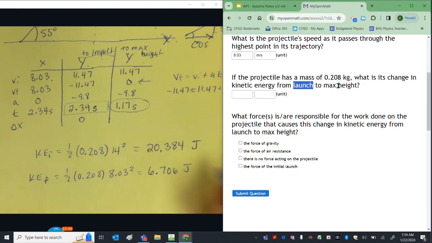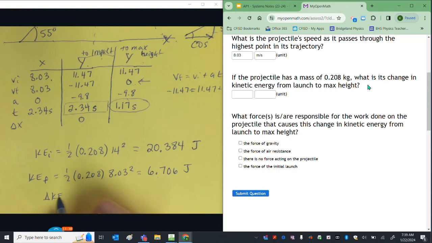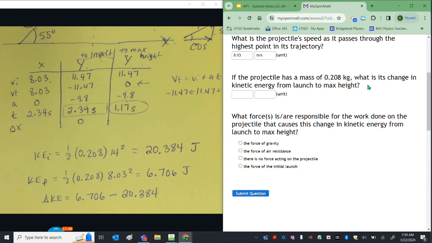6.706 joules. And so if I'm looking for the change in kinetic energy, the change in anything, change in position, change in velocity, change in momentum, it is always final minus initial. So change in kinetic energy is going to be 6.706, that's my final KE, minus 20.384, that's my initial KE, which of course when I subtract these, I'm going to get a negative number.